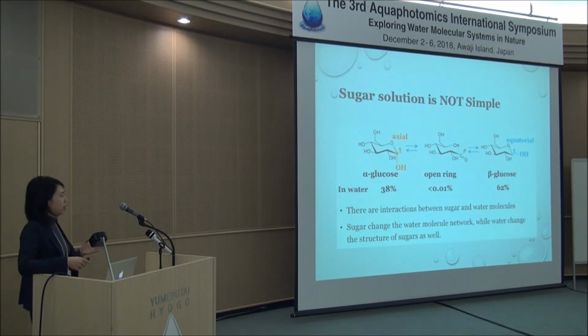I think the beta glucose is more stable in the solution, but actually our body uses the alpha glucose more often. I don't know why, but I think it's a very interesting point when we study glucose or sugar in the body or cells.